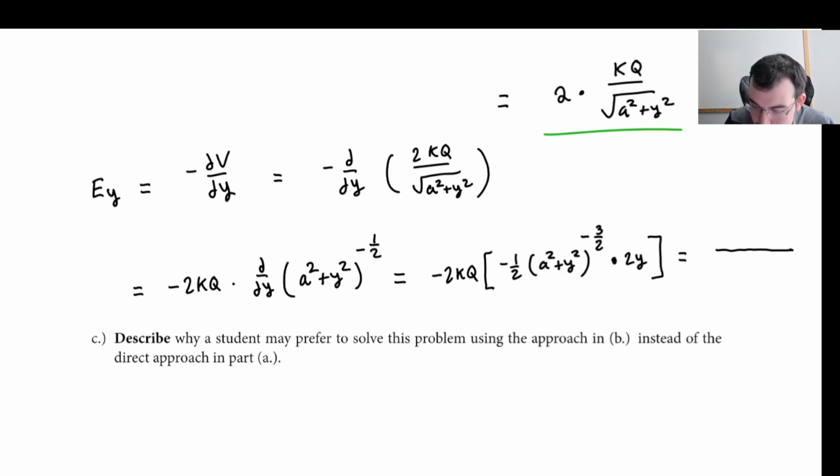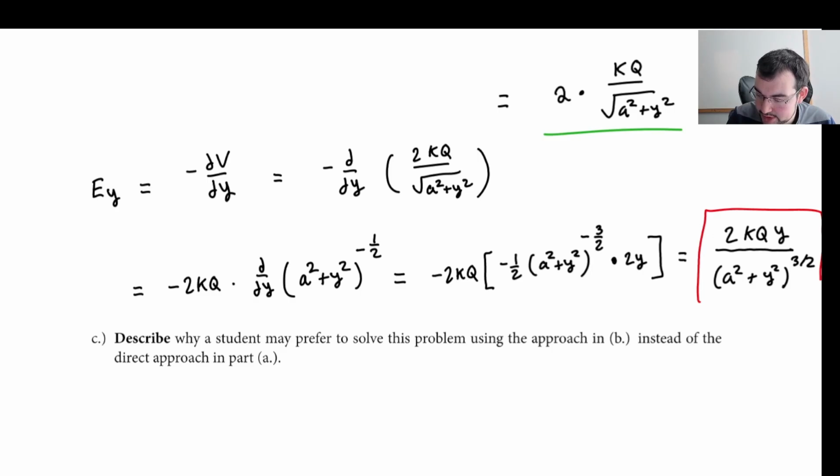And would you look at that? It all works out because, first of all, the negatives cancel. These 2's cancel. So that leaves us with 2kqy on top and a negative 3/2 power, which can just be written as a 3/2 power on the denominator.